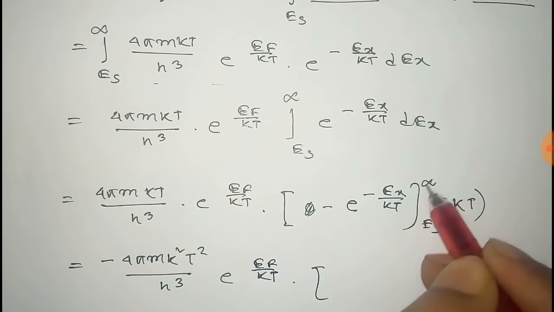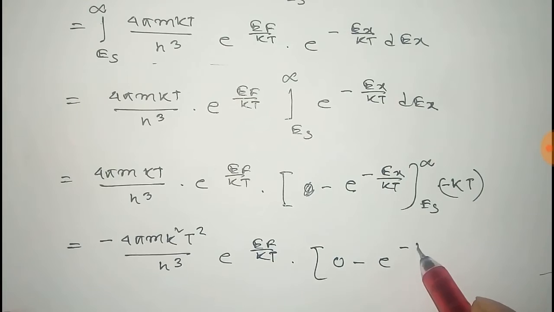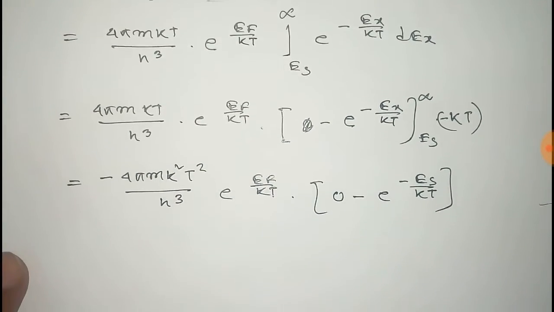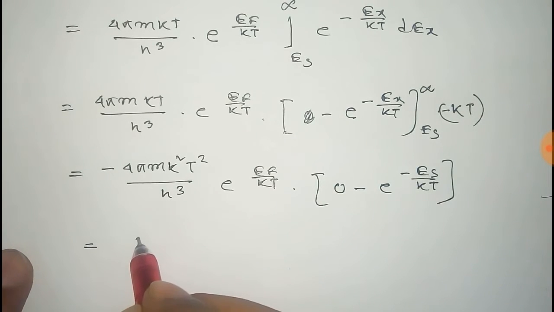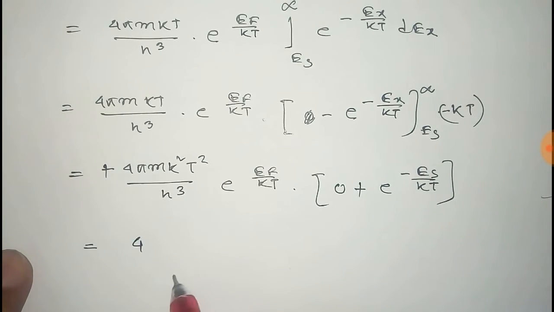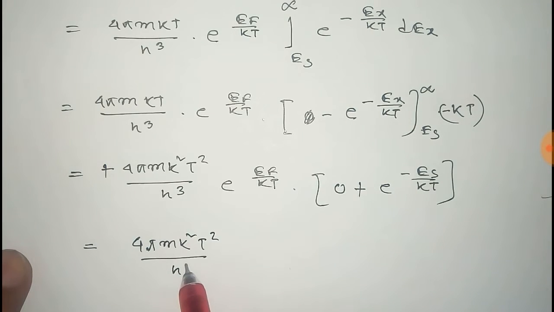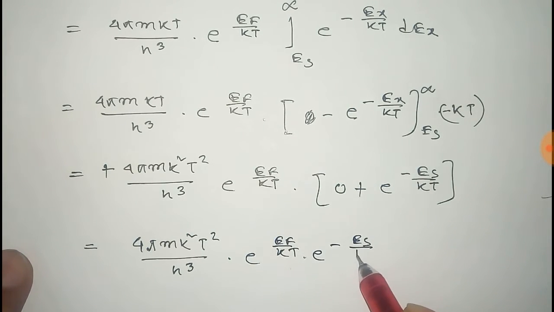After putting the limits we get 0 minus e to the power minus Es by kT. The minus signs cancel, so that is equal to 4 pi m k square T square by h cube into e to the power Ef by kT into e to the power minus Es by kT.